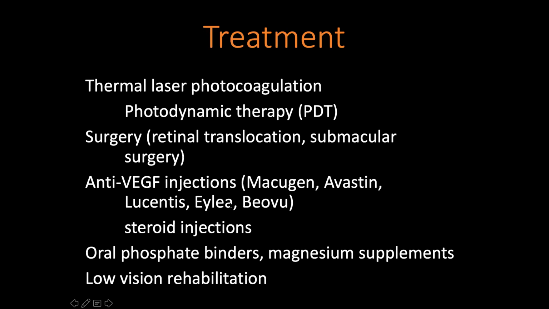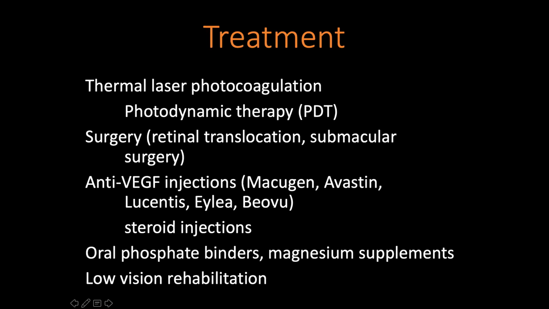Eylea, or aflibercept, was approved approximately 9 or 10 years ago by the FDA. That's made by Regeneron, a company that many have heard of recently, who are producing antibodies against our pandemic virus, COVID-19, not approved yet by the FDA.